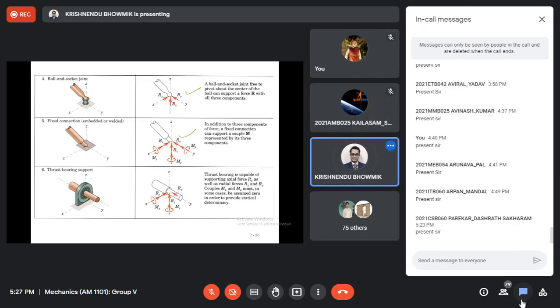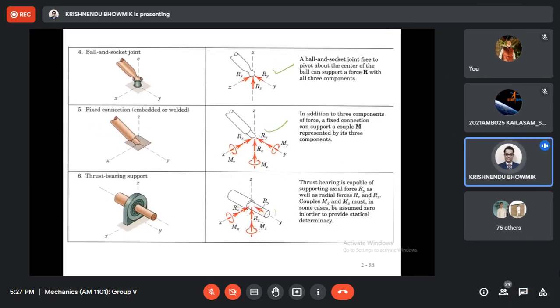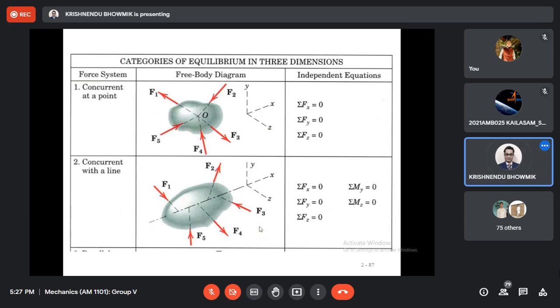Here also, one is free, but you can see the other reactions and moments. When it is concurrent forces, the summation of moments Mx, My, Mz equal to 0 is not required, because if you take moment with respect to this point, it will automatically be satisfied. Only these three equations you have to satisfy.